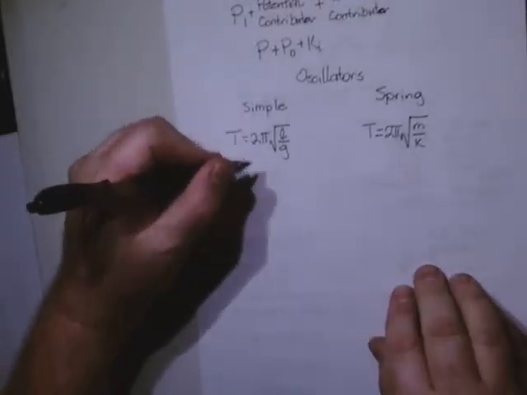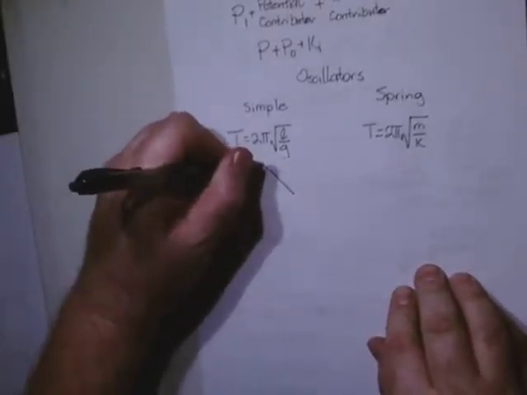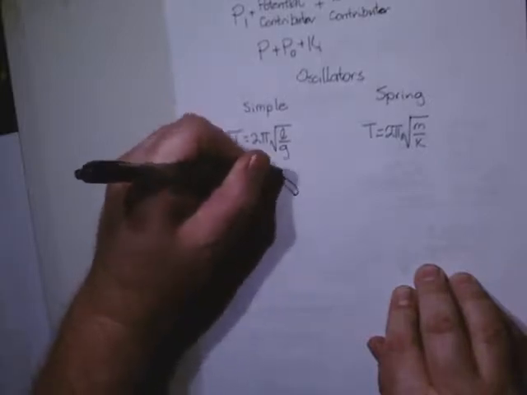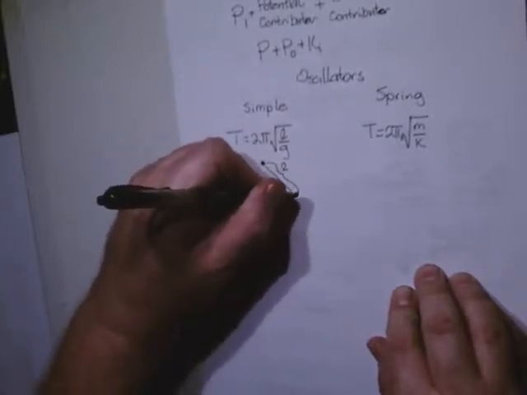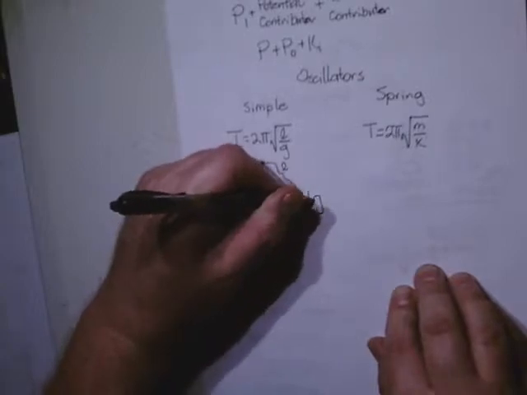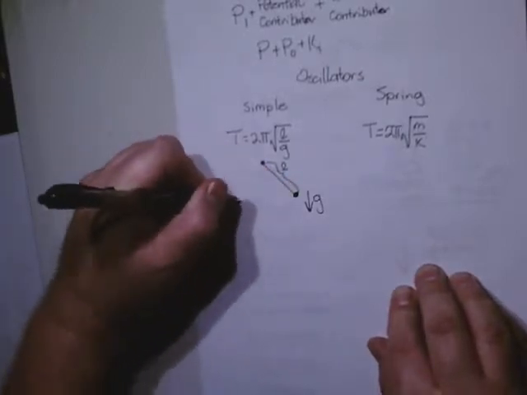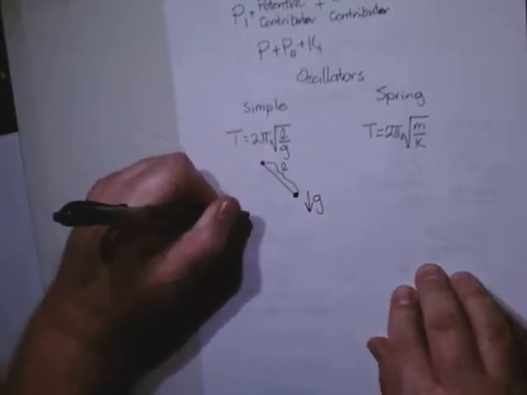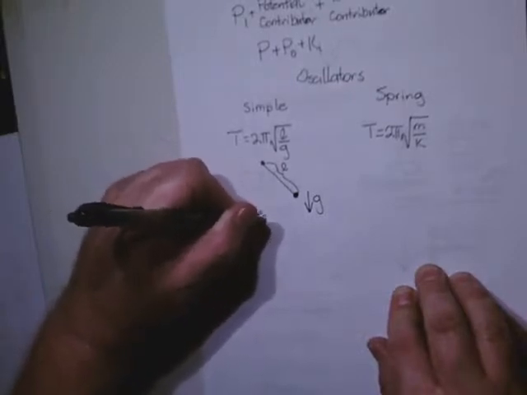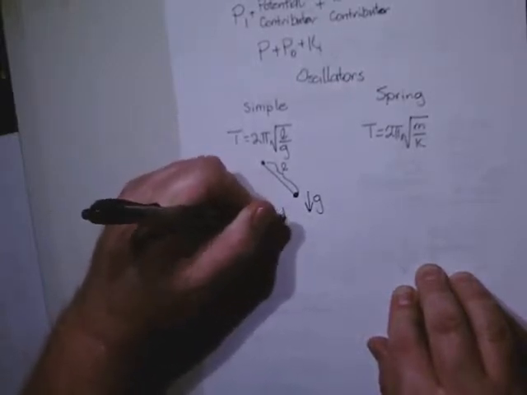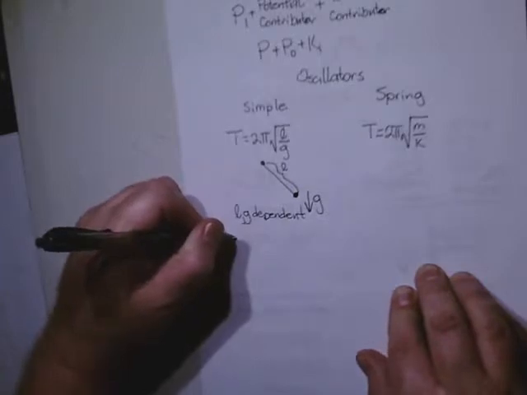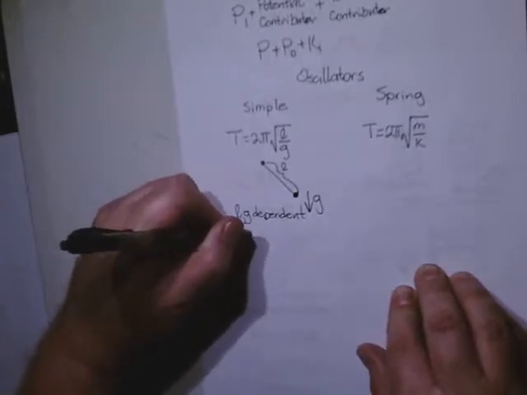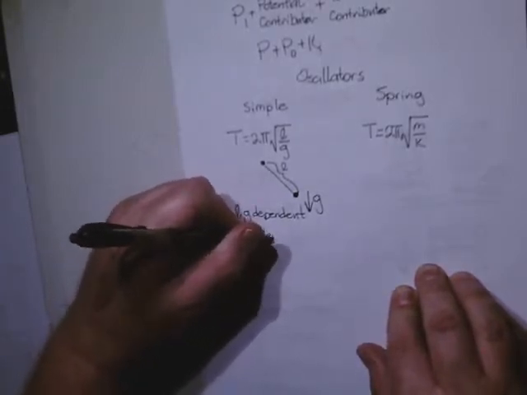And when you get these, the simple pendulum is based on the length of the pendulum and gravity. So it's L and G dependent, and most importantly, it is mass independent.